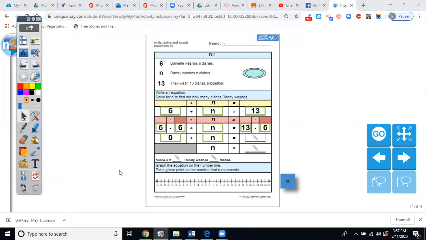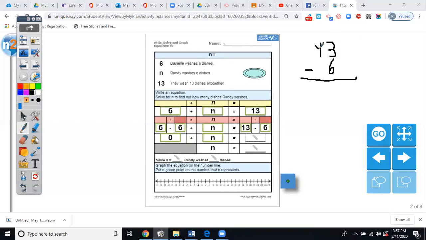But this time, we are going to, let's see, clear those annotations. Figure out how many he washed by subtracting 6 from 13. So 13 minus 6. This is how many dishes Danielle and Randy washed all together. And this is just the amount of dishes that Danielle washed. Okay, so let's see, we can't take 6 from 3 because the big number is on the bottom.